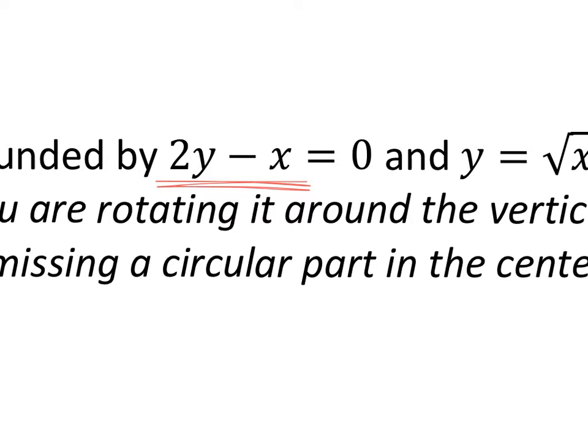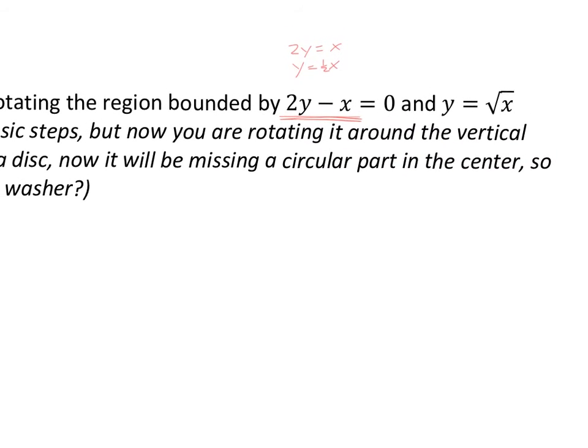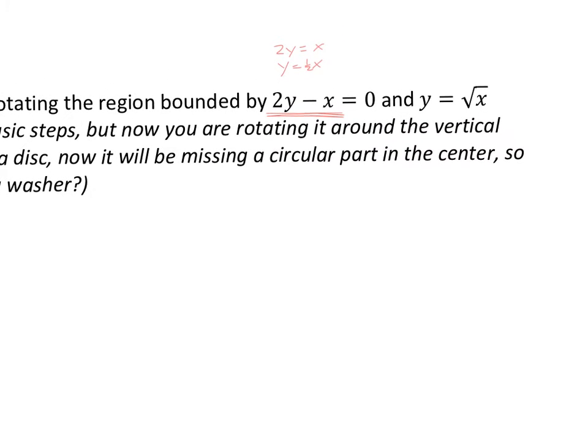If I move the x to the other side, it'd be 2y equals x, and if I multiply by 1/2 on both sides, it would look like y equals 1/2 x, which is a pretty standard line that we've graphed before. So let's give this a quick sketch.